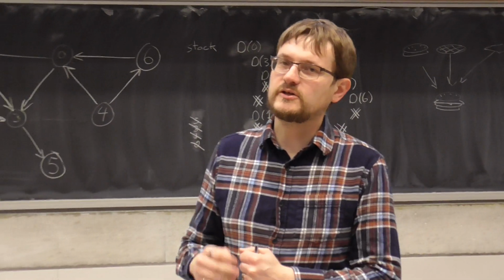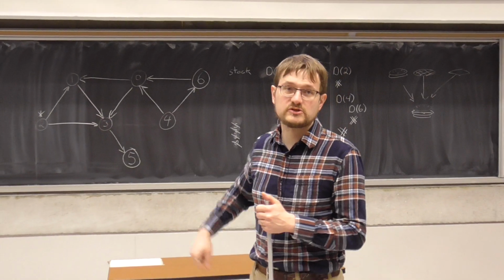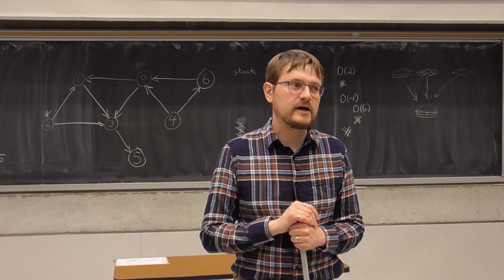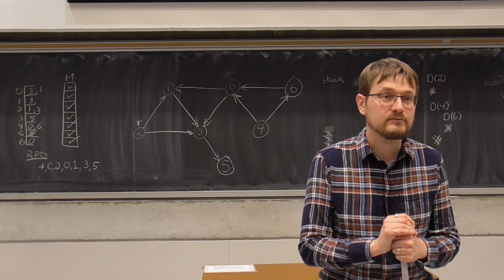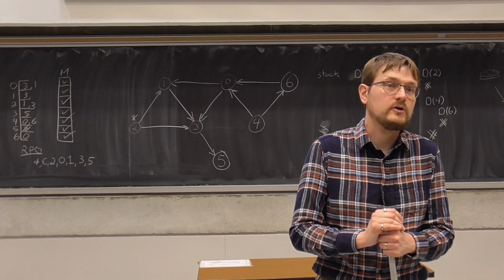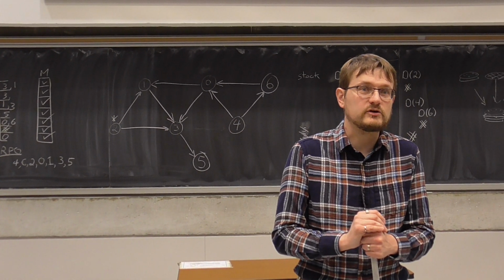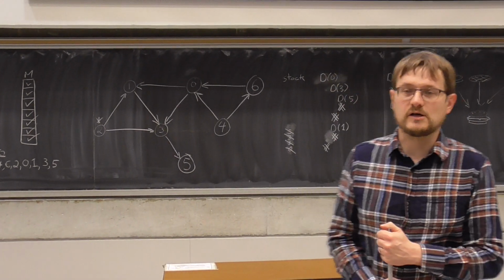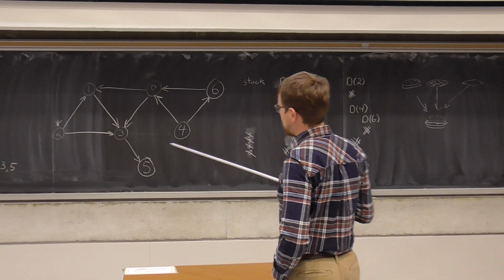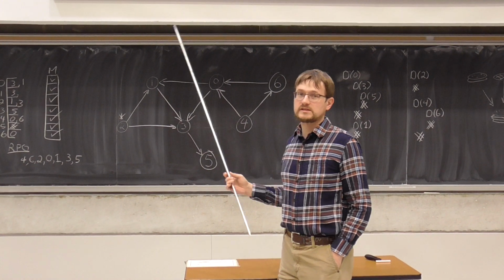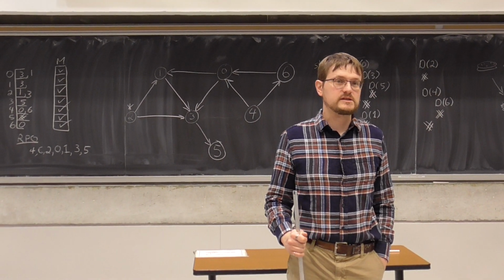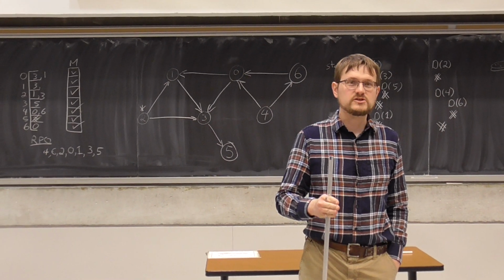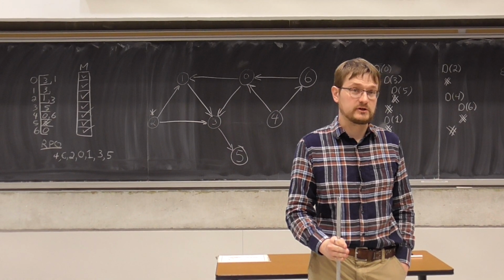I would say it's not correct to think of the reverse post order as either a stack or a queue, because we never intend to remove items from it. So it doesn't matter what order we do something we never intend to do, right? The reason I'm calling it a list is because adding to the head of a list is a constant time operation, right?